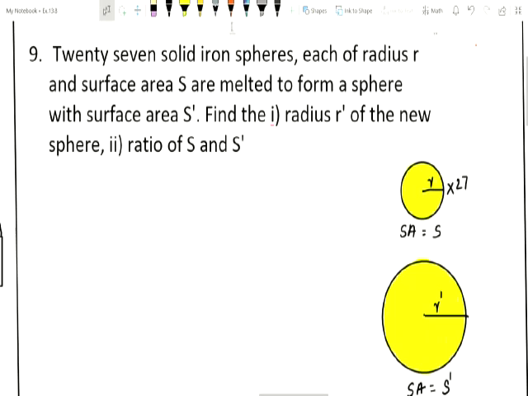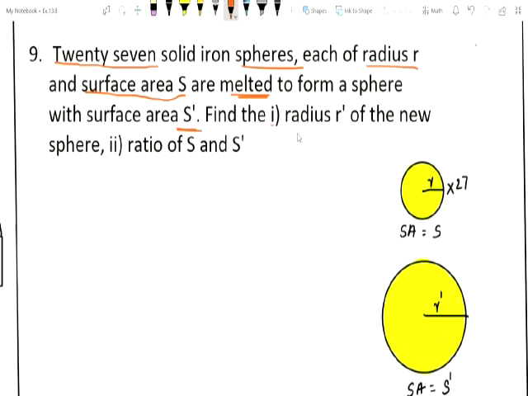27 solid iron spheres, each of radius r and a surface area s, are melted to form a sphere. Melted, okay, melted to form a sphere with a surface area s dash.